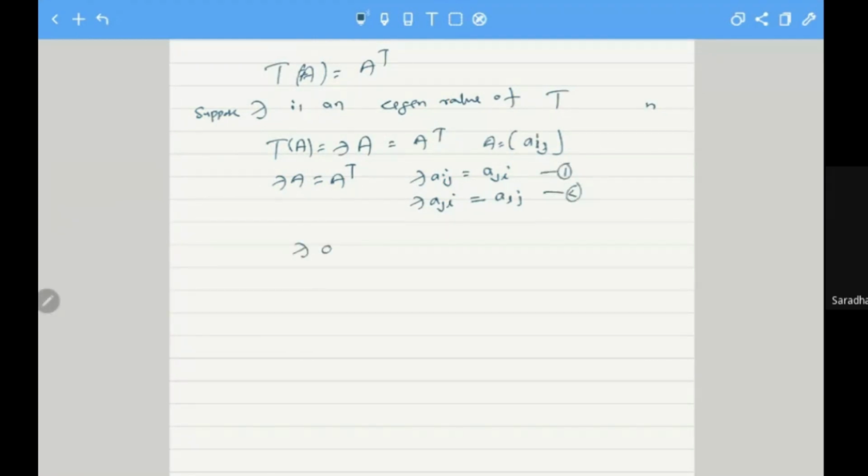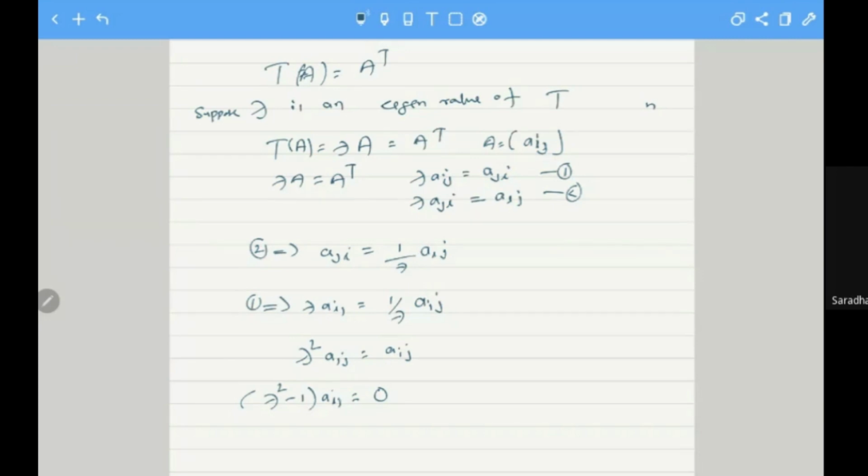From 2, Aji equals 1 by lambda times Aij. Then 1 implies lambda Aij equals 1 by lambda Aij. That means lambda squared Aij equals Aij. That means lambda squared minus 1 times Aij equals 0.